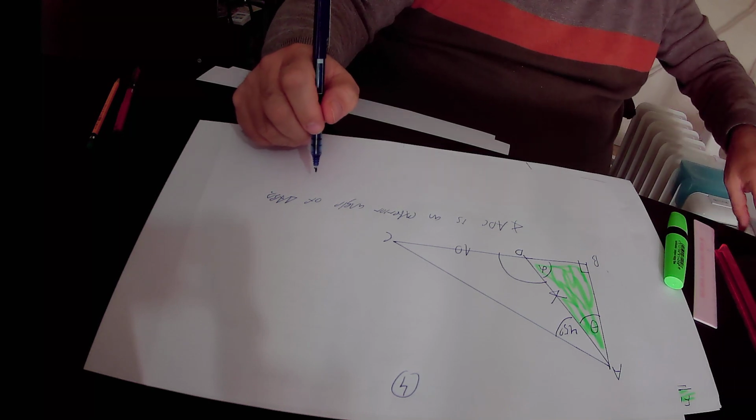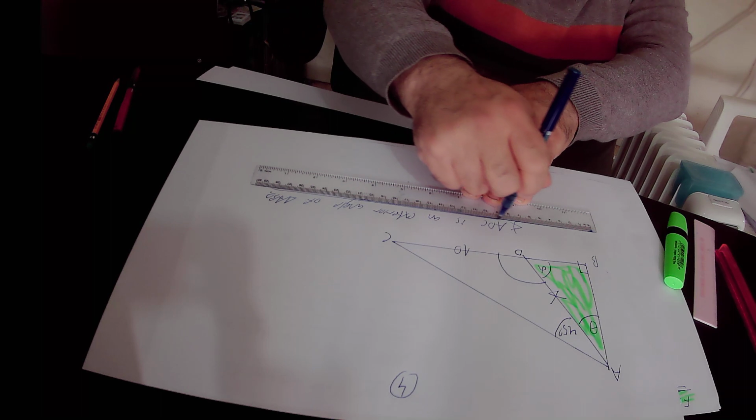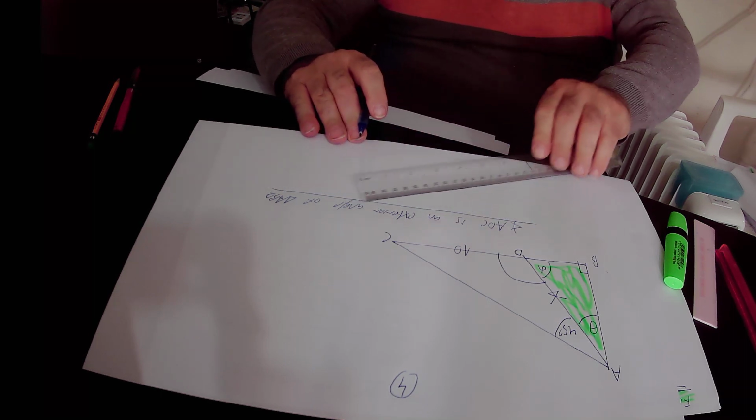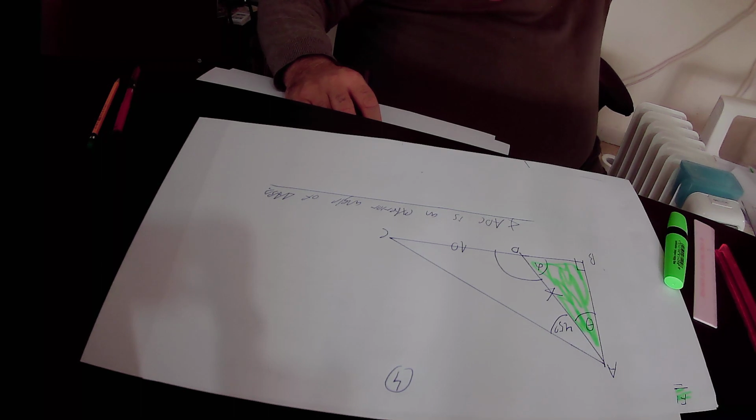And we have rule number 1 that relates to the size of an exterior angle.